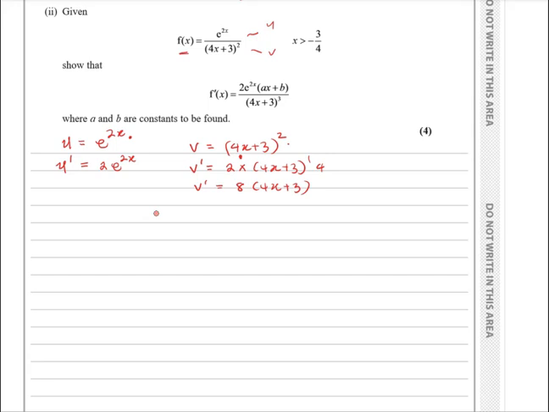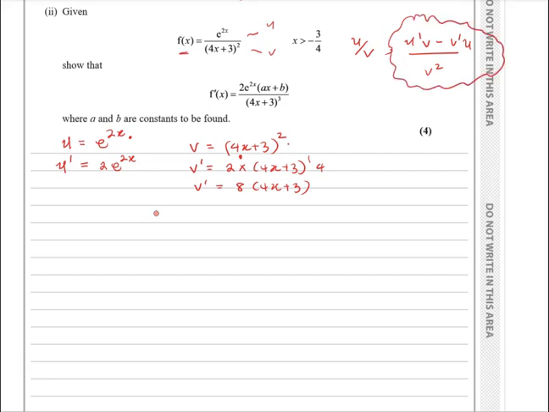Now join it from the quotient rule. The quotient rule is in the formula booklet, so you shouldn't worry about this. If it is u over v, the derivative will be the derivative of u times v minus the derivative of v times u, over v squared. Okay.